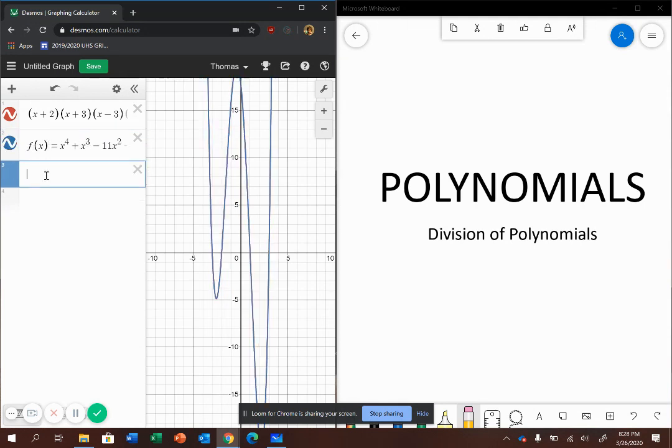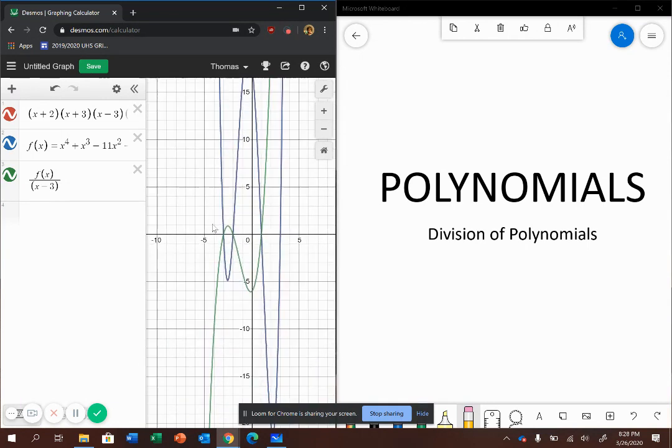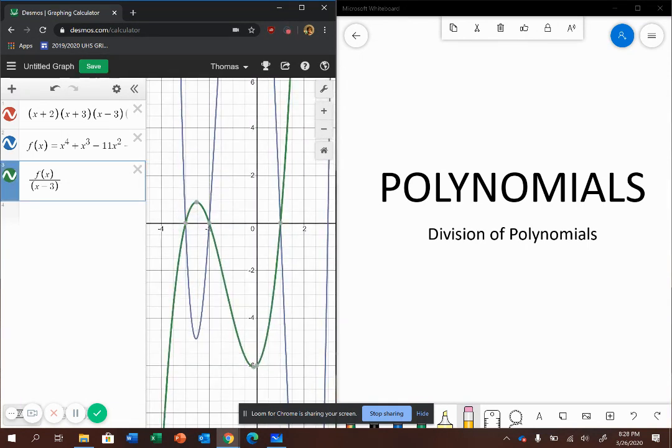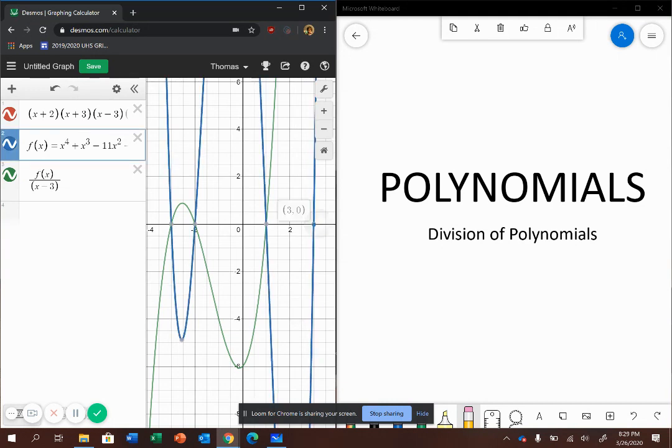And in this next graph, we'll take that f of x, which is essentially the blue graph, and divide it by that x minus 3. Now look at this green polynomial, this quotient, because the answer to a division problem like we just did is called a quotient. It has the same zeros, three of the same 4 zeros that the original polynomial had, except not the one at positive 3 that we just divided out.